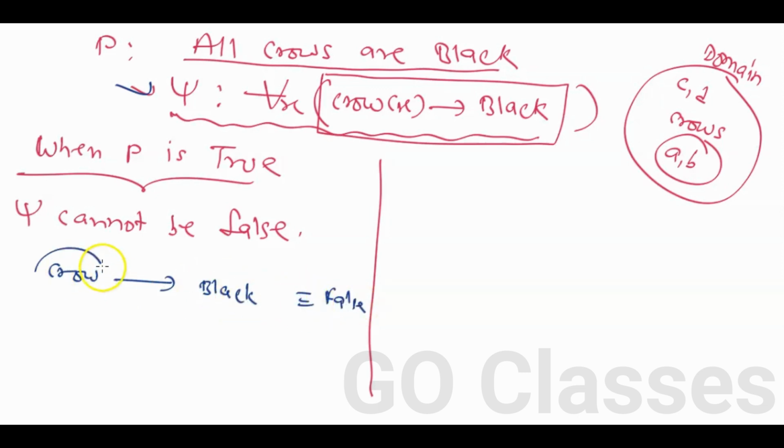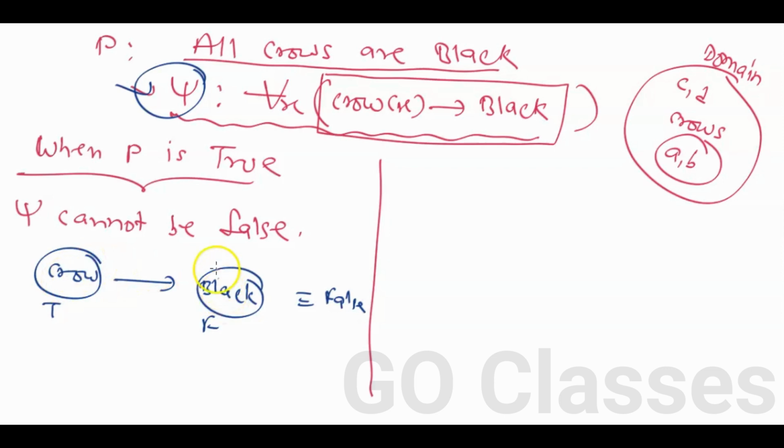This internal expression becomes false when something is a crow but it is not black. Remember, this is an implication statement, and it is false when the hypothesis is true but the conclusion is false. So this expression will be false when there is some element which is a crow but not black.